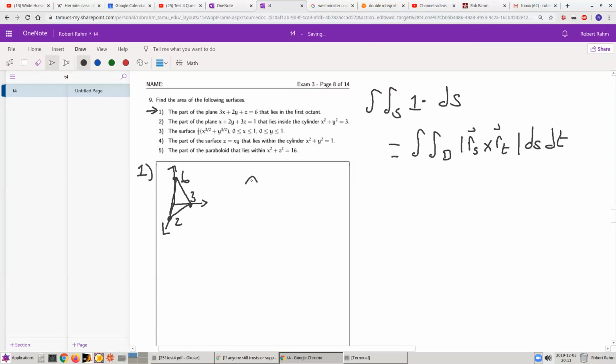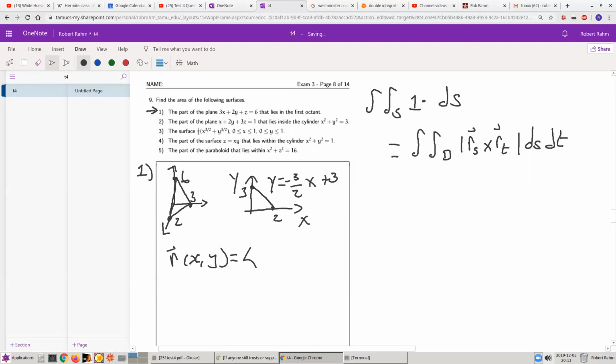If we look at this in the xy plane, with x and y axes, we're looking at this part of the triangle. This is 3, this is 2, and this line here is y equals minus 3/2 x plus 3.